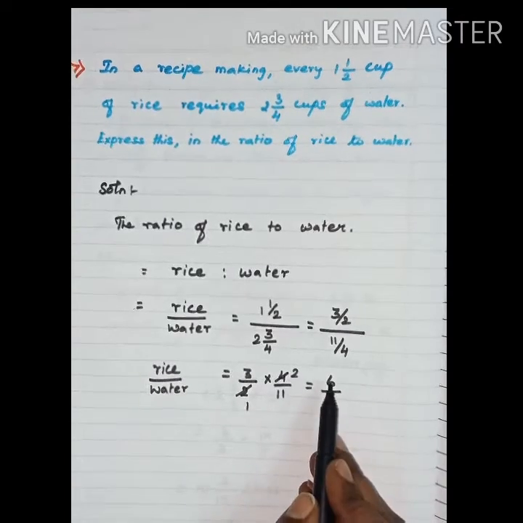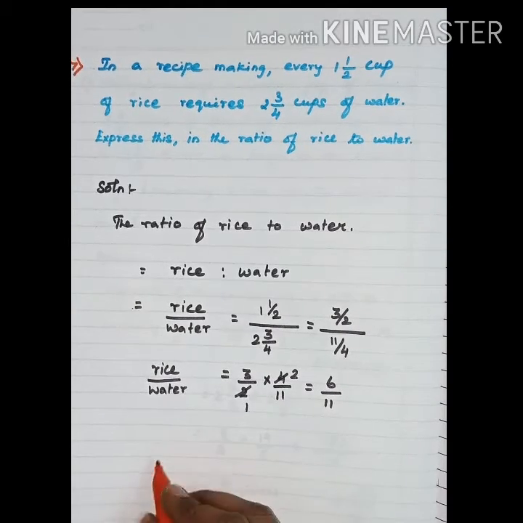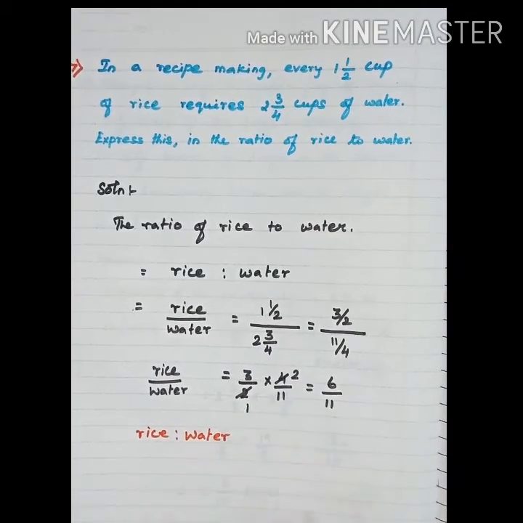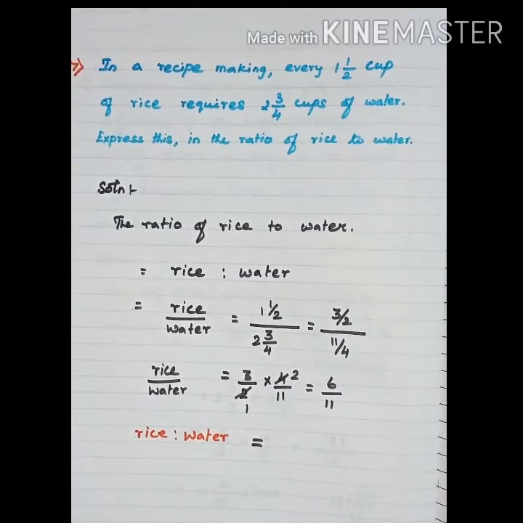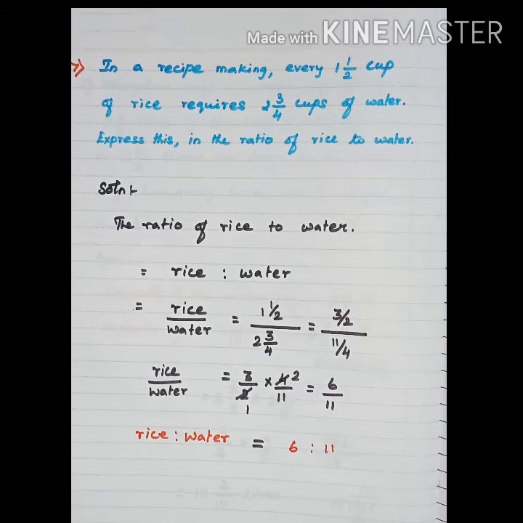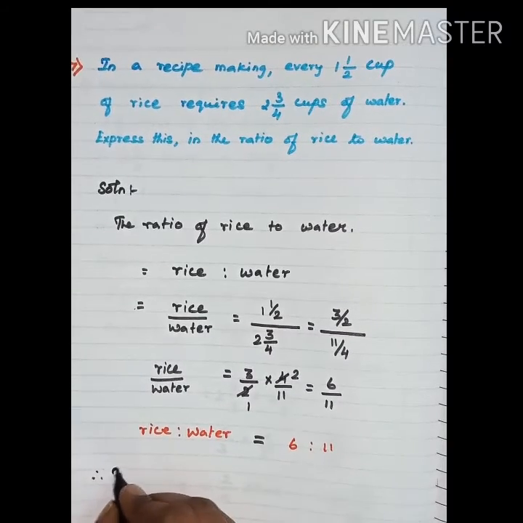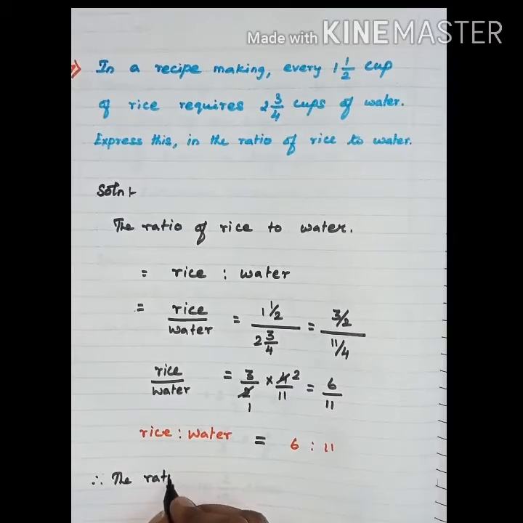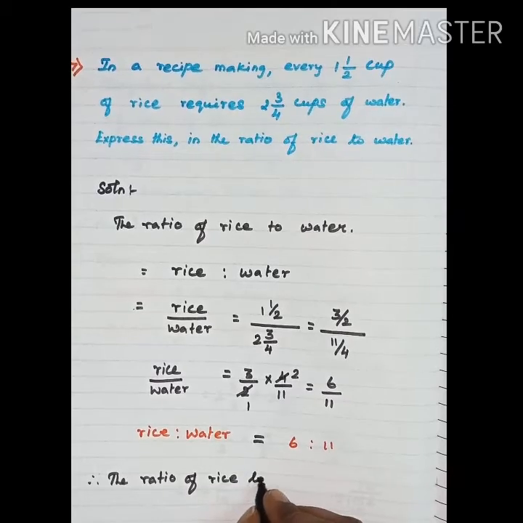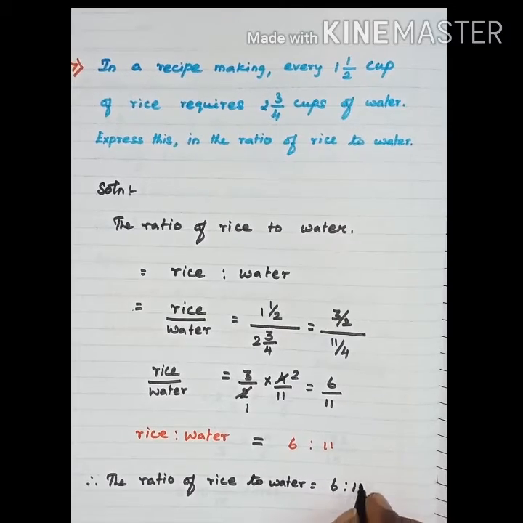Therefore, rice is equal to 6, water is equal to 11. Rice is to water is equal to 6 is to 11. Therefore, the ratio of rice to water is equal to 6 is to 11.